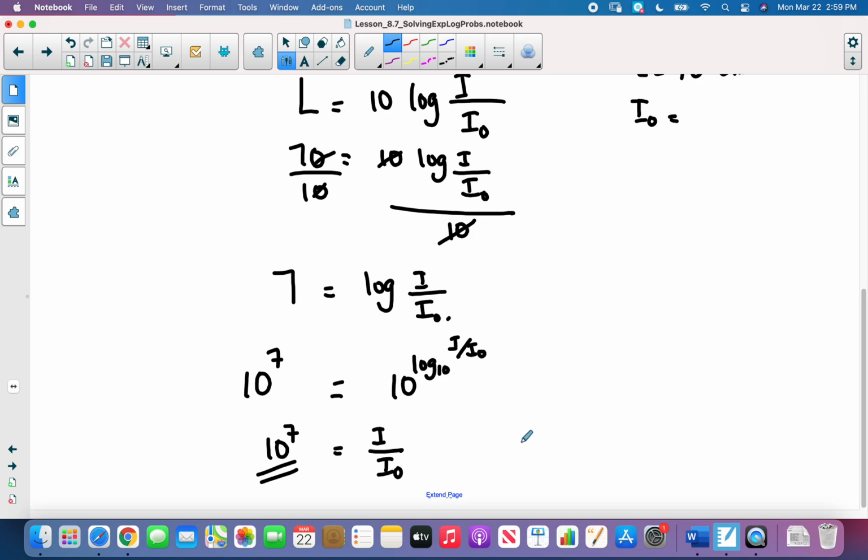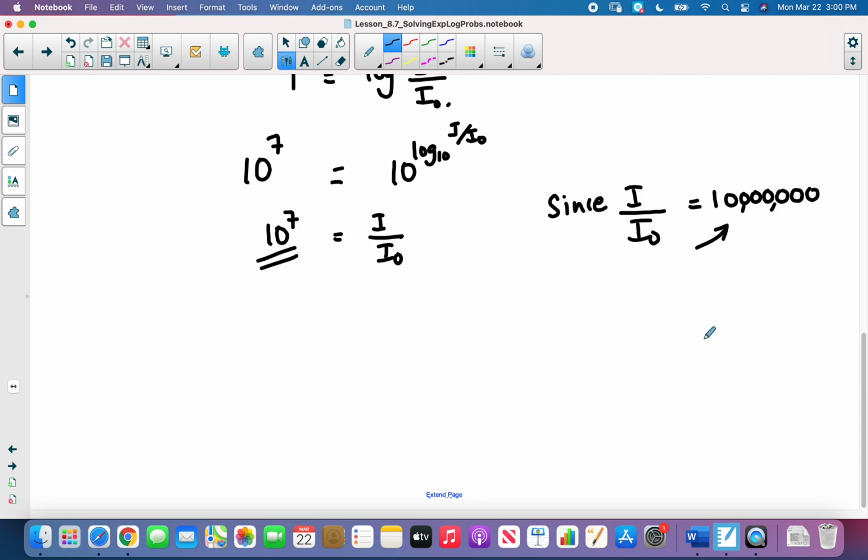So therefore, since I divided by I0 is 10 to the power of 7, or 1 with 7 zeros, that many more times louder is the street sound compared to the minimum detectable sound.